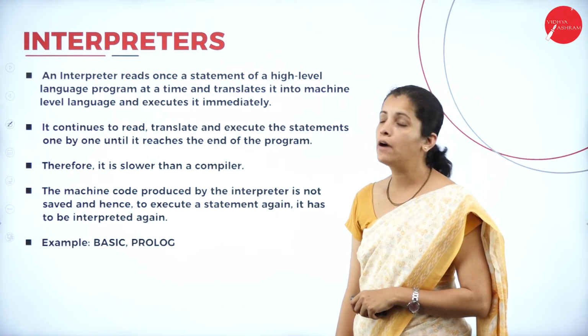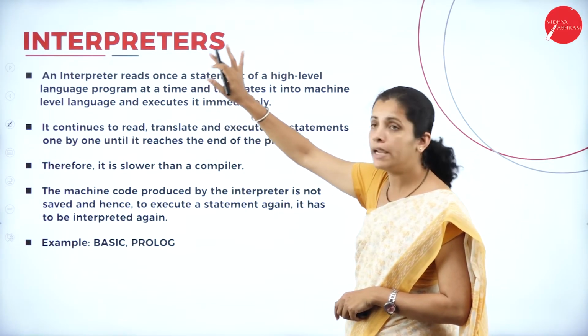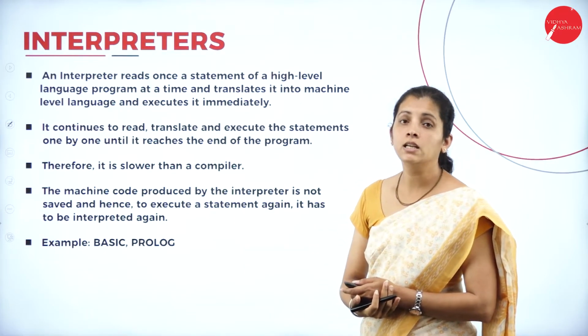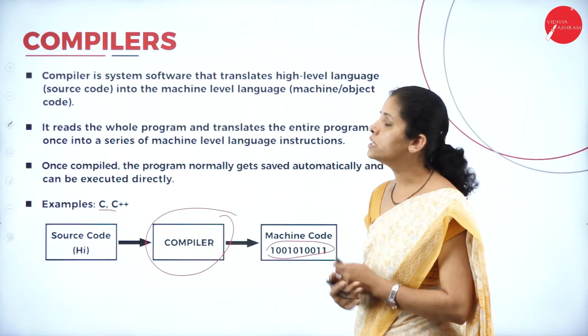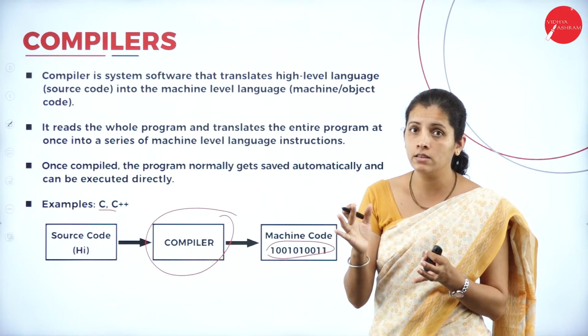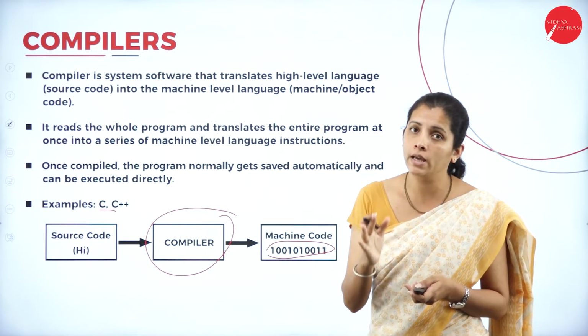Now I'm going to cover the interpreter. So dear student, before starting with the interpreter, let me tell the difference between compiler and interpreter. The compiler is going to compile the entire program together, that means it's going to execute the entire program together.